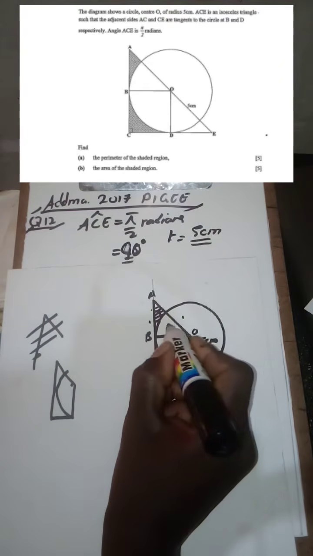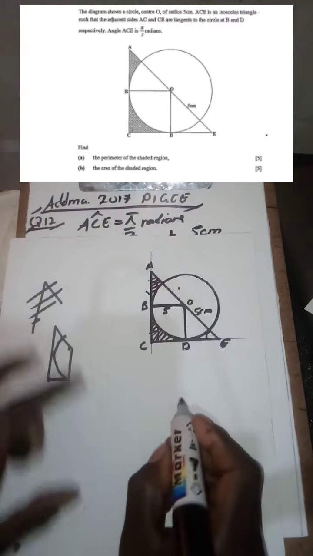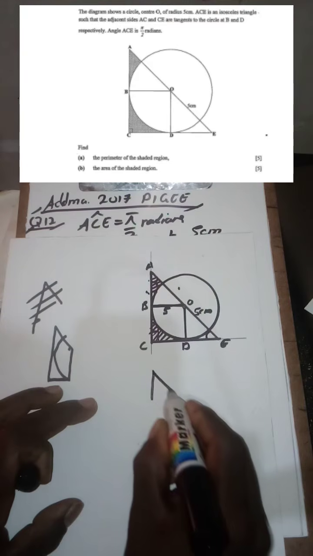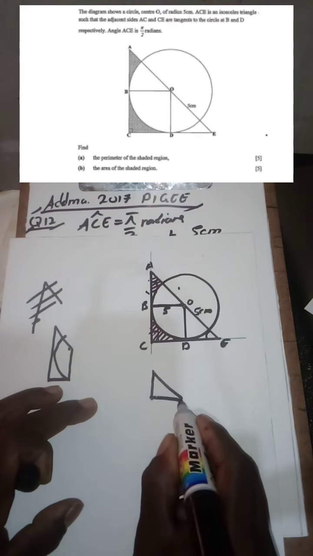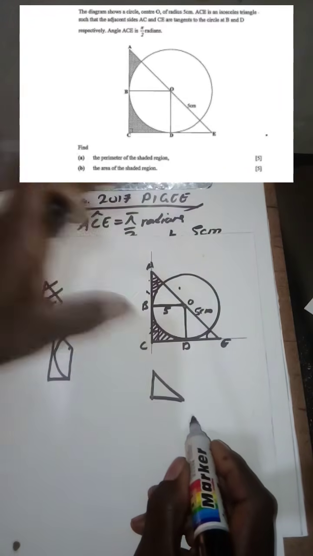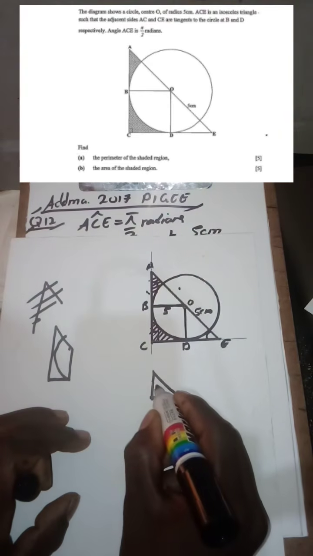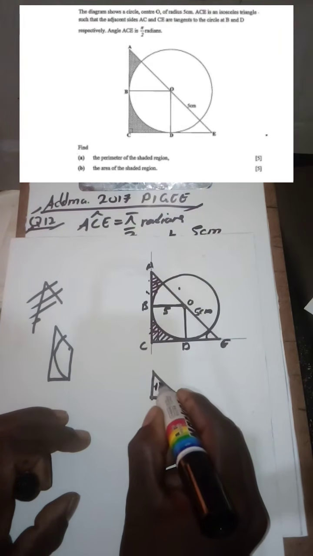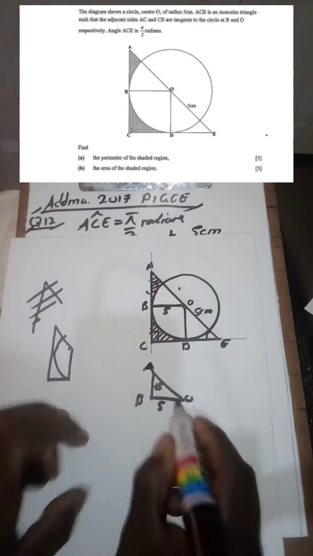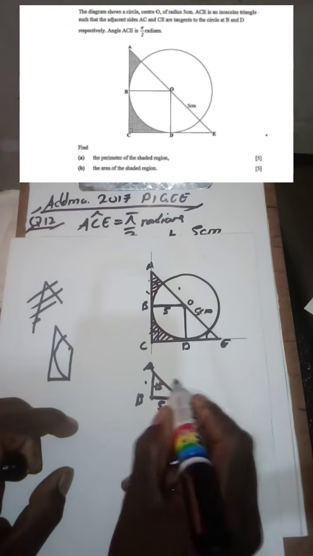We start by finding the adjacent first. To make your work easy, you can take apart all the triangles that you have. So here we have 5 and here we have 45, and remember this is O and B and A. We're going to find the distance here and there.